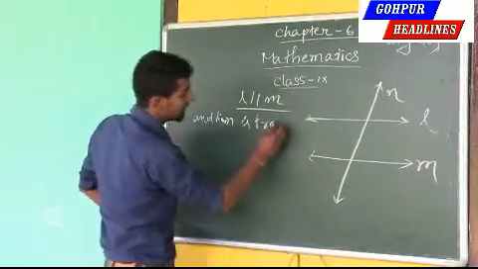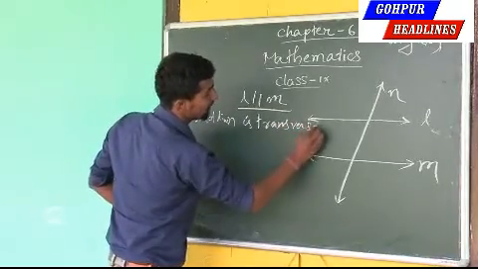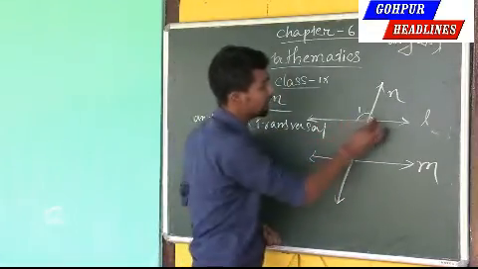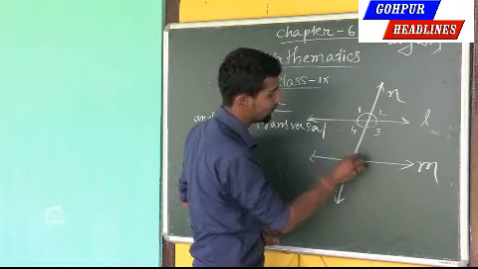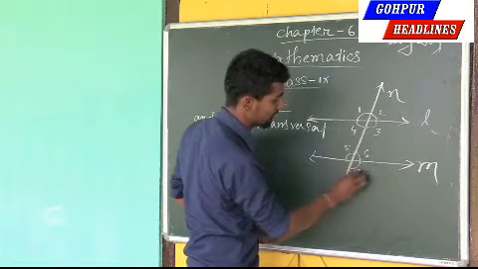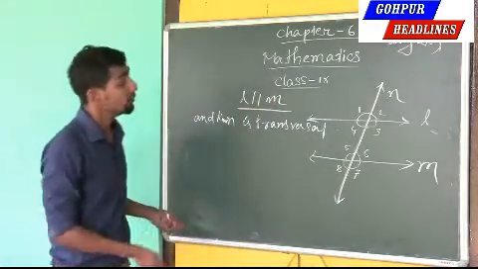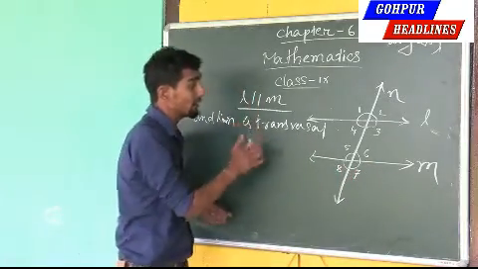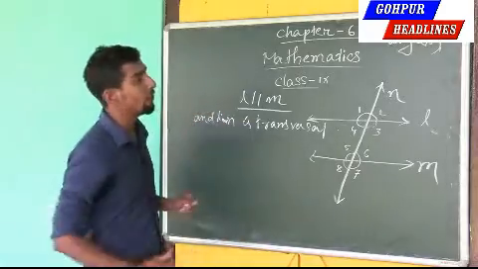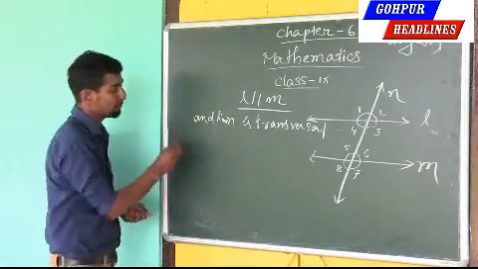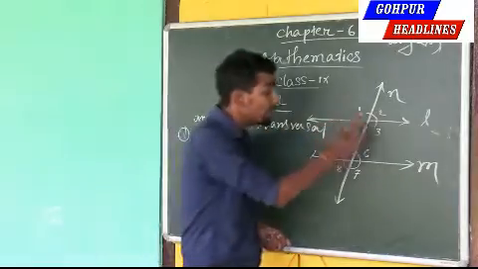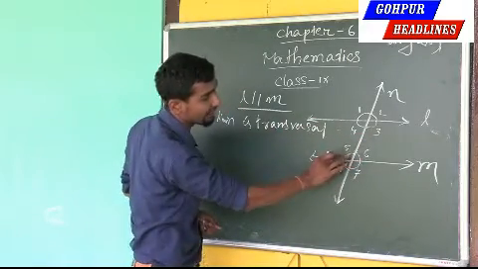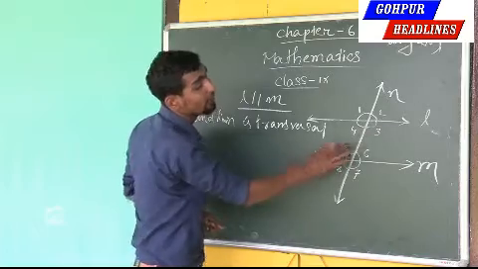Then what happens? Then we get certain conditions. Suppose angles 1, 2, 3, 4, 5, 6, 7, and 8. If lines L and M are parallel and N is the transversal, then condition number one is that the alternate interior angles are equal.